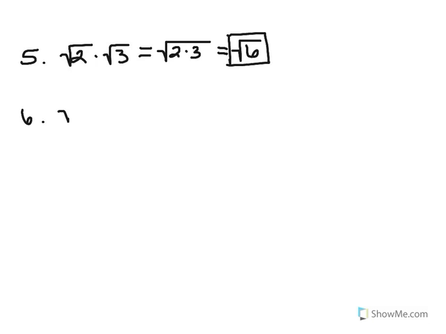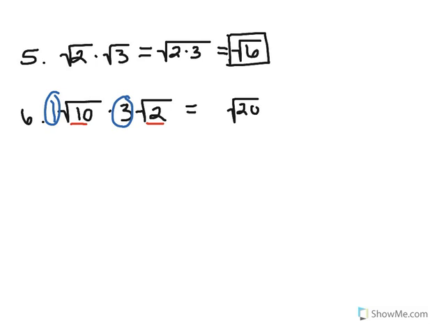How about the square root of 10 times 3 square roots of 2? Let's do the radical part first. 10 times 2, just looking at the parts under the radical, is 20. Now we need to look at the coefficients of the radicals. In front of the square root of 10, there's a 1. So 1 times 3 is 3.